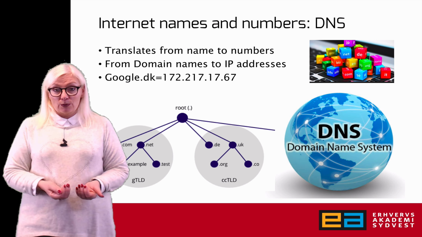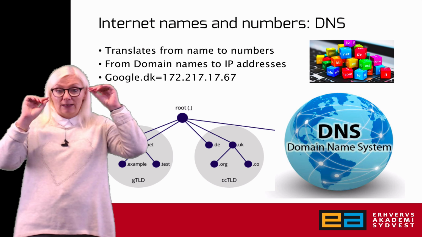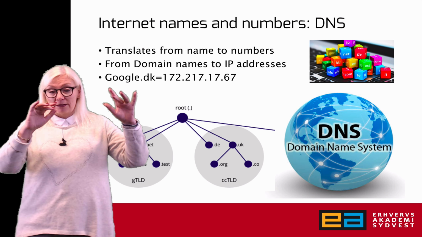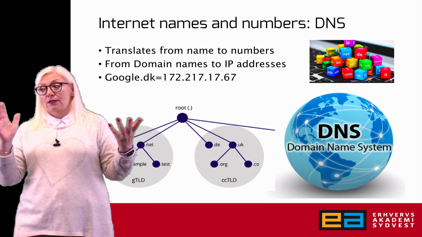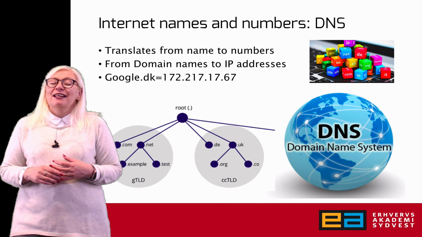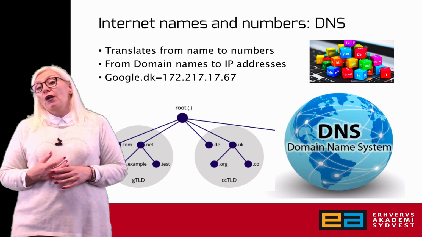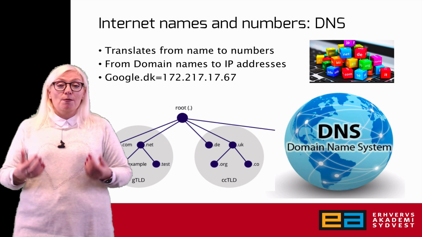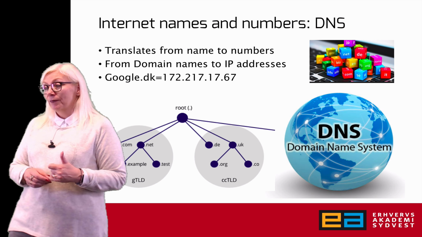Otherwise, if DNS were not available, you would have to put in the IP address like 172.207.17.67, for instance. And it would be very, very difficult for us to use the internet if we had to remember all the different IP addresses.